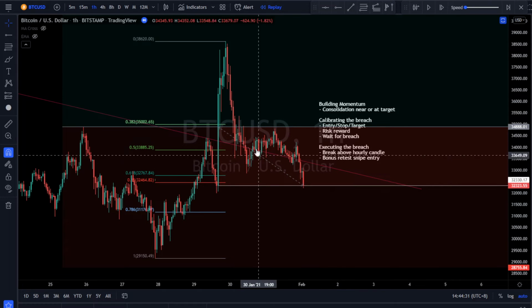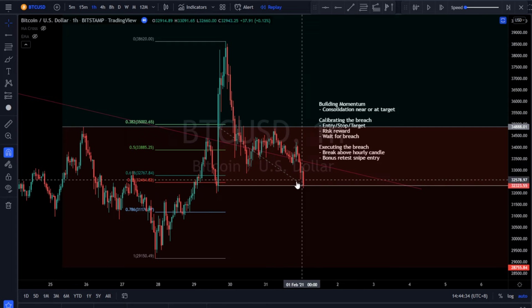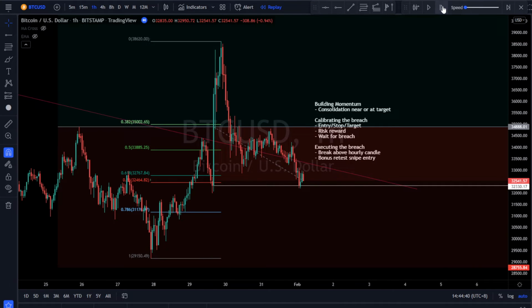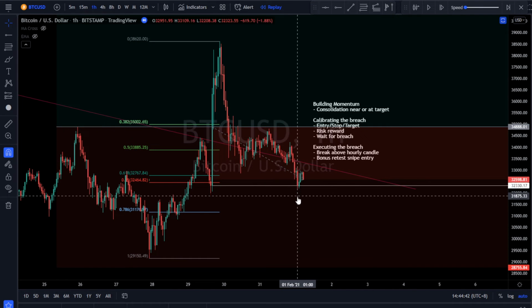We can zoom into the 5-minute chart to do a snipe entry. I won't do it in this video. For this snipe entry, your stop loss can be a lot tighter, just below this low here.